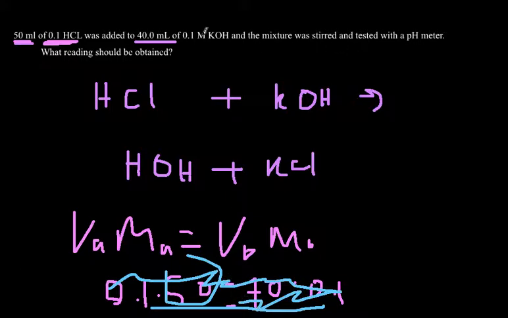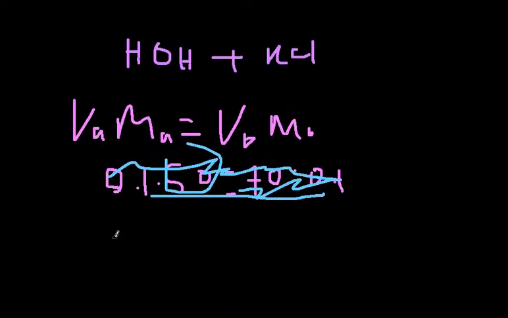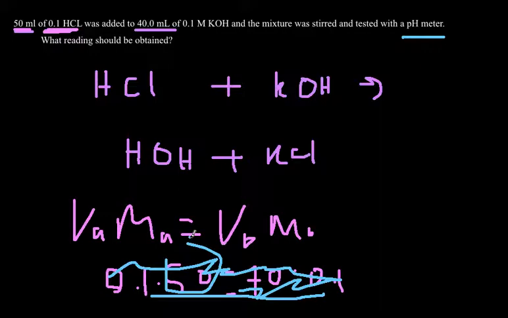So the pH is going to be from the leftover. The pH is going to be from the 10 ml left over, and that's of HCl.